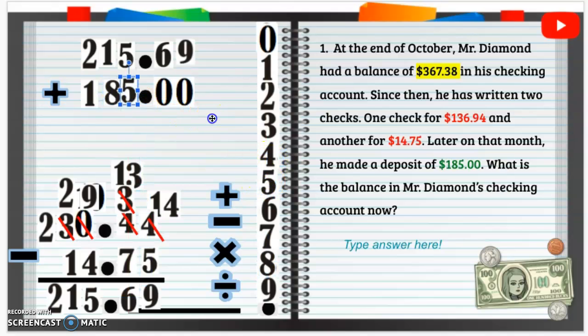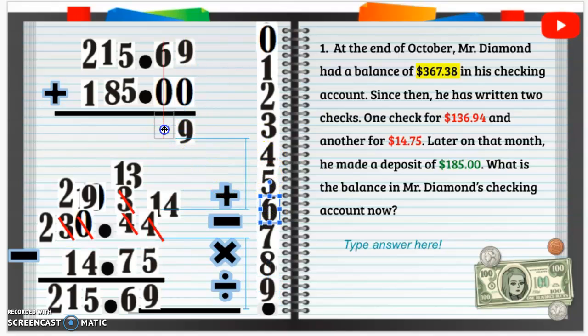Alright, so we are going to add them. Should be a little bit easier than subtracting. 9 plus 0 is going to give us 9. 6 plus 0 is going to give us 6. What do I do with that decimal? Drop it low, drop it down, down low. 5 plus 5 is 10.